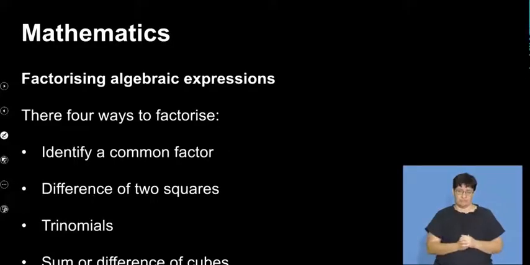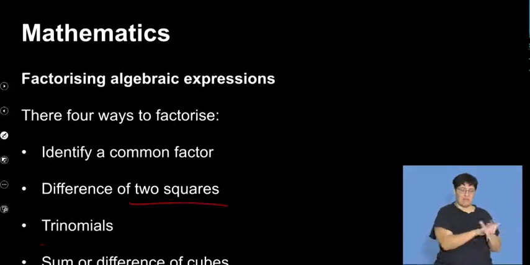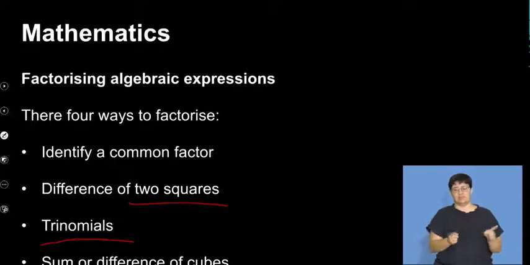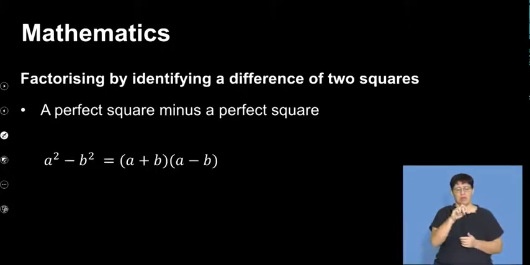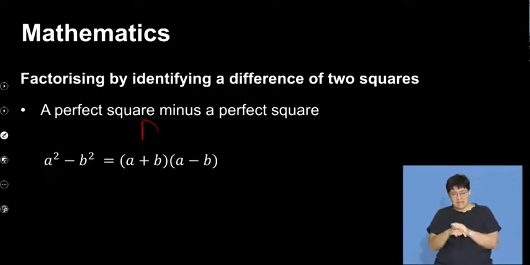Now, remember we said there are 4 ways to factorize to identify a common factor: the difference of squares, trinomial, the sum or difference of cubes, right? Now, if I have a perfect square minus a perfect square, we now call this a difference of 2 squares. Some people normally call it DOTS, right?